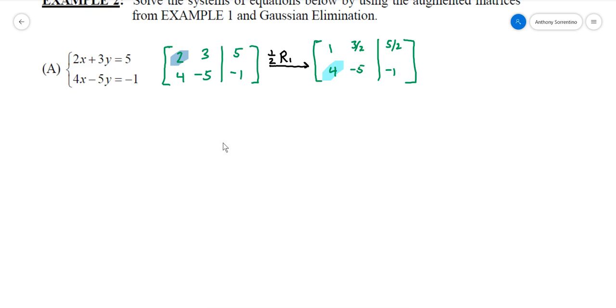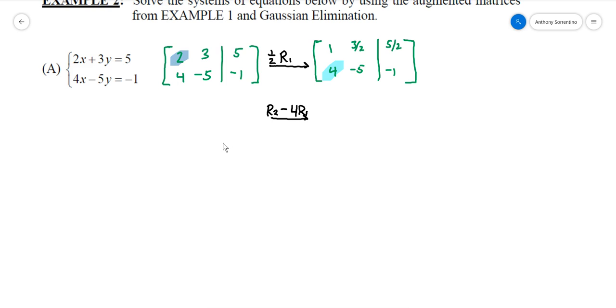So when I do my row operation, row 2, I'm going to subtract 4 times row 1. Now we said add 2 rows together or add a multiple. Remember, subtracting 4 times row 1 is like adding a -4 times row 1.